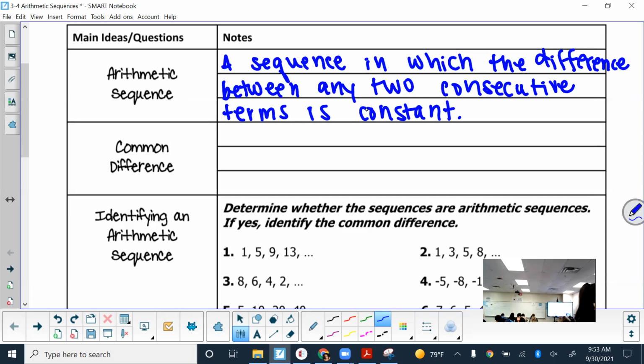All right, so arithmetic sequences are sequences in which the difference between any two consecutive terms is constant.